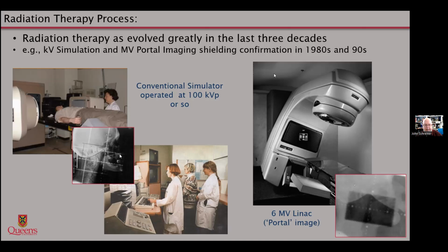And you can see that the contrast in these images changes drastically, and that's because I've gone from a lot of photoelectric effect interactions for this beam, and here all the beam interactions are Compton scattering.